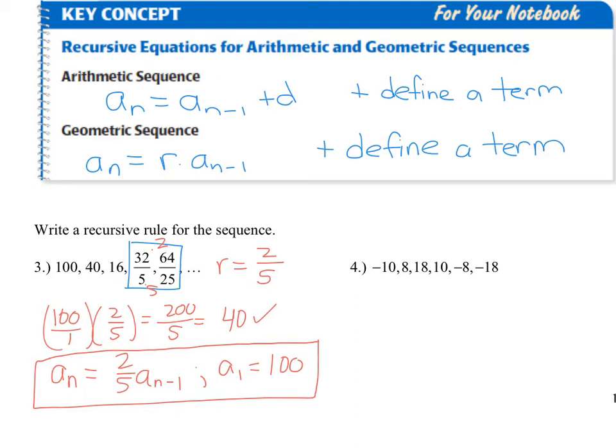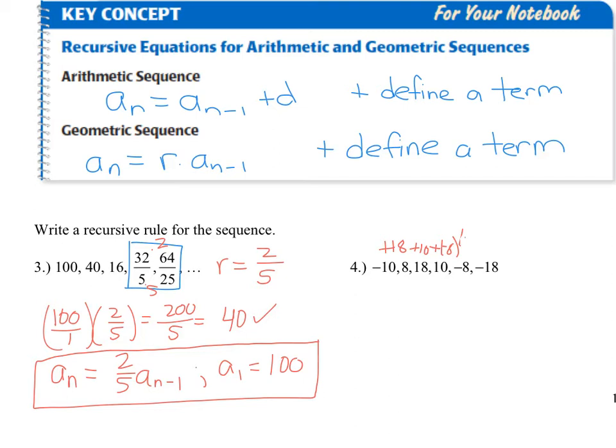So if I test to see if it's arithmetic, well, I'd have to add 18 to go from negative 10 to positive 8, but then I'm only adding 10, and then I'm adding negative 8, and then negative 18. So it's definitely not arithmetic.